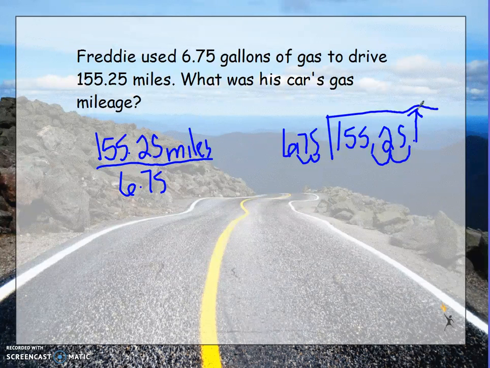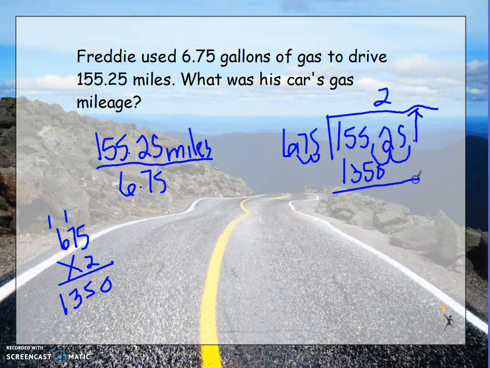Alright, so 155.25 divided by 6.75. We're going to go about 2 times. So 2 times 5 is 10. 2 times 7 is 14, plus 1 is 15. 2 times 6 is 12, plus 1 is 13. So we're going to try 2 times. We get 2, 0, 2.